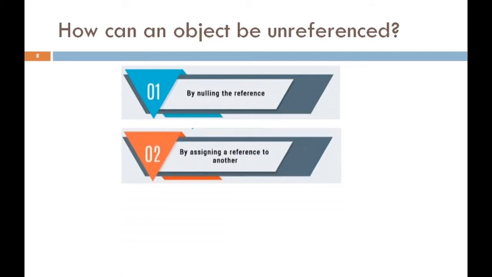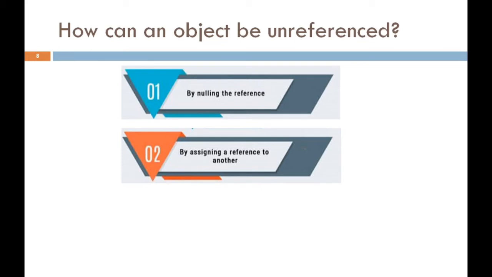The second way is by assigning a reference to another, that means assigning one object reference to another object reference. For that, suppose I have a class Employee which has two objects, E1 and E2. We create the objects like this: Employee E1 equal to new Employee, then Employee E2 equal to new Employee, and then we specify E1 equal to E2.